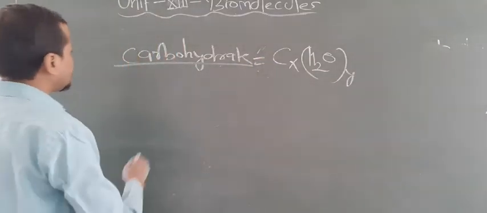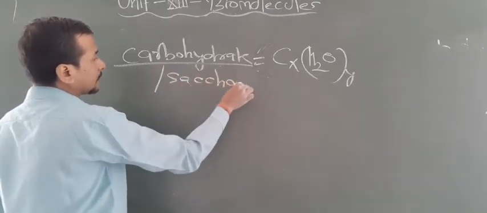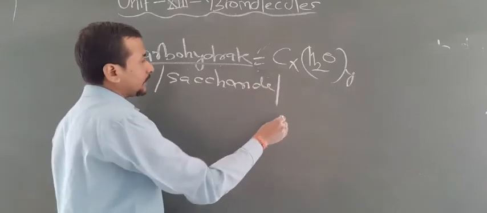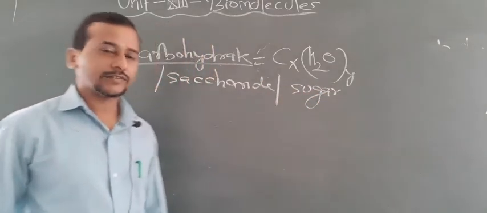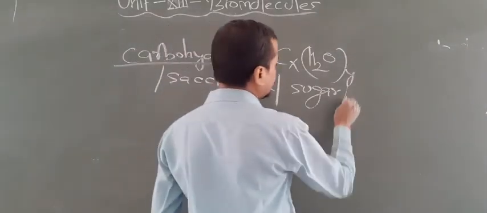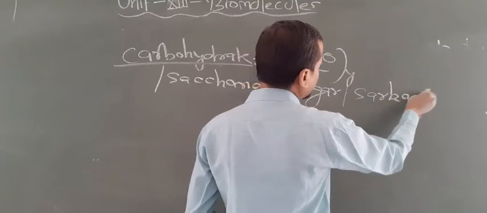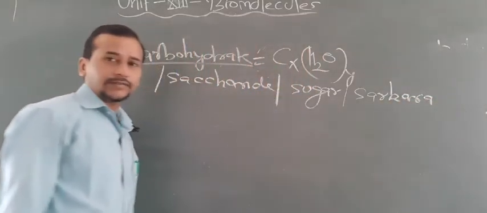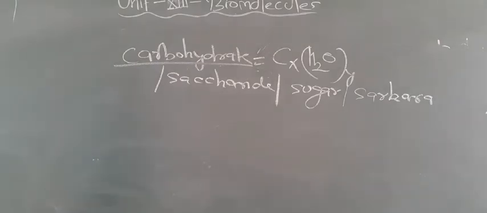Carbohydrate is also known as saccharide. It is also known as sugar. In Latin, saccharide means sugar, and in Sanskrit it is known as sakra. Okay, so these are some common names of carbohydrates.